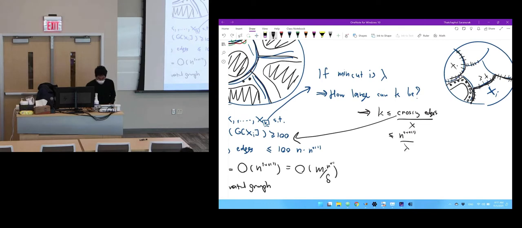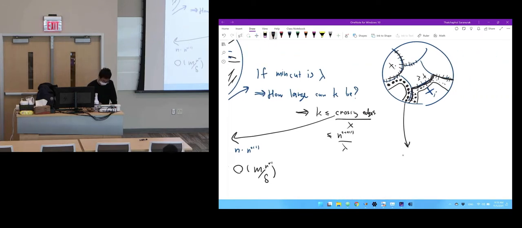But we want to know more, because we might trim and shave, and the nodes that we trim and shave will remain in the contracted graph. So now we want to say that over all expander clusters, in total, the number of trim and shave nodes is at most these two.